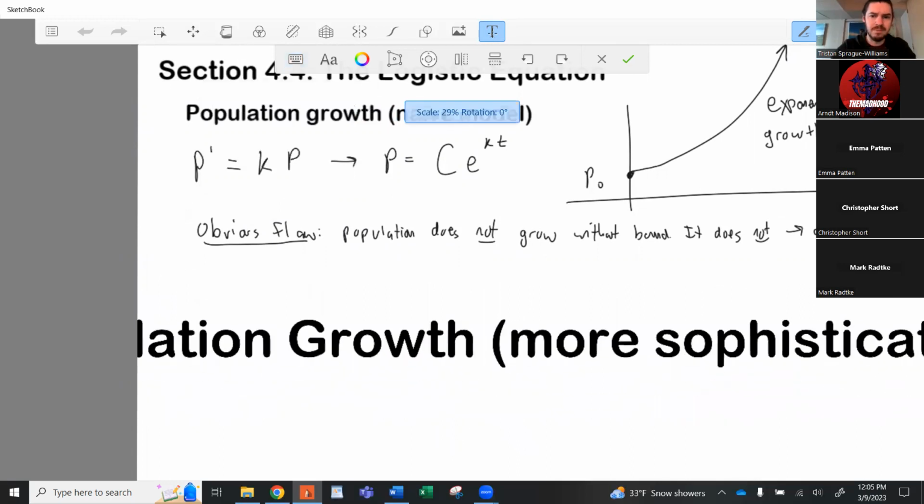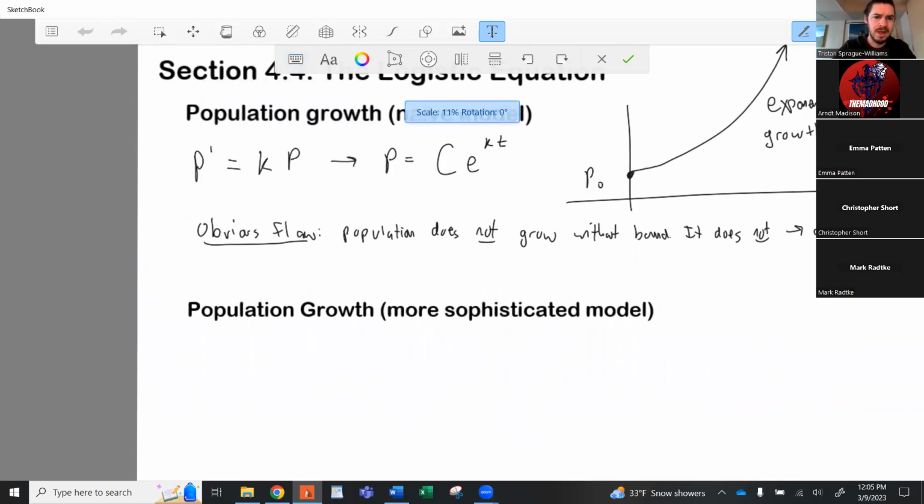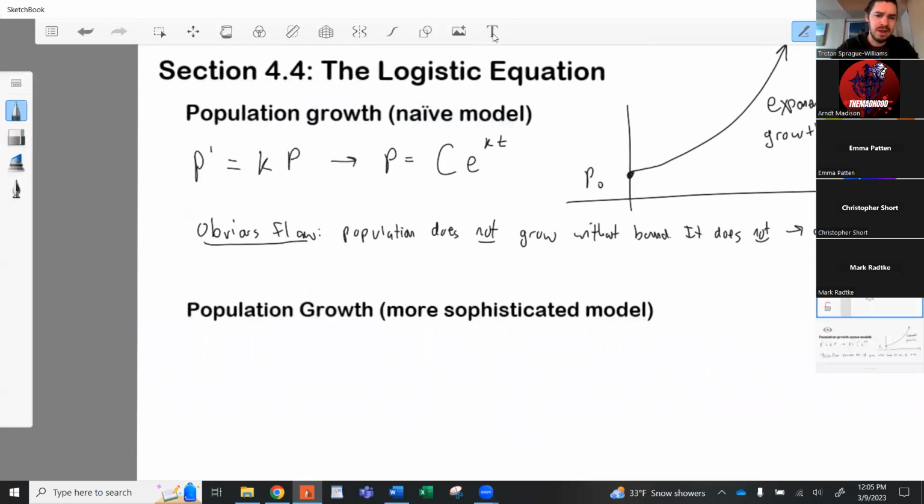Here's a more sophisticated model, okay? And it's going to incorporate a thing called a carrying capacity. That's the term I was referring to. This is going to be sort of like the maximum population that the environment can sustain.